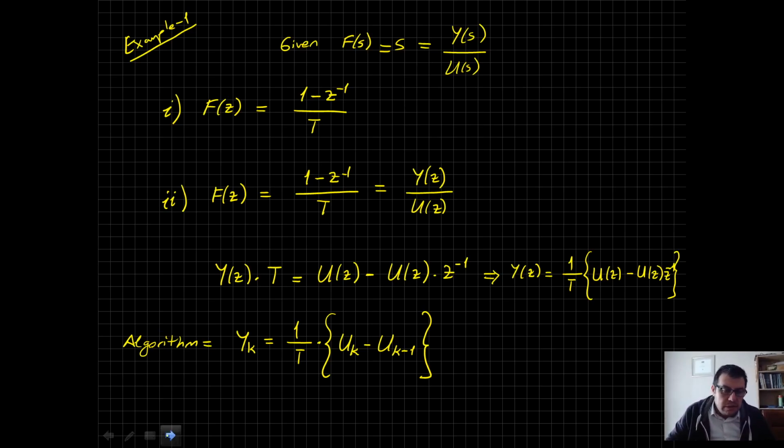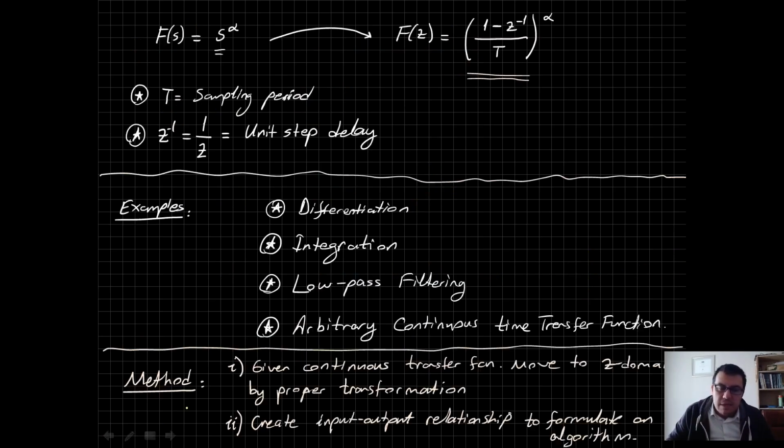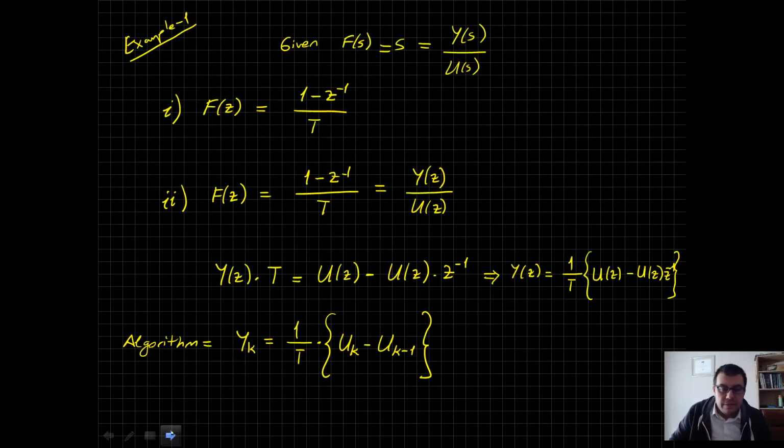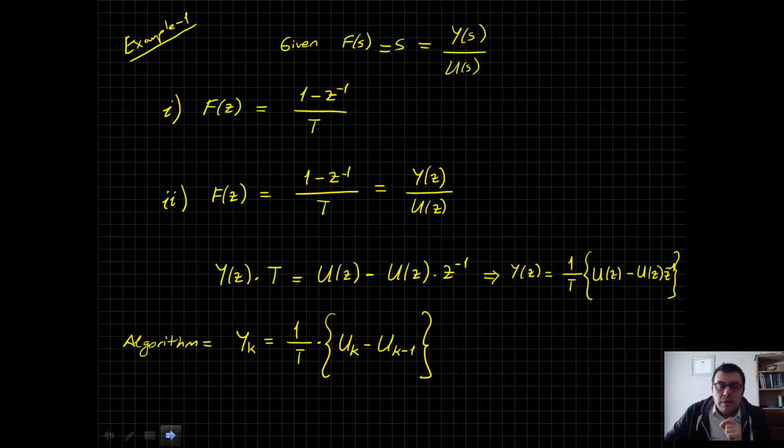Let's go through the second example. Our second example was integration. Let's see what we will have in integration. Example 2. This was basically integration. Let me try to stick with the same notation here.